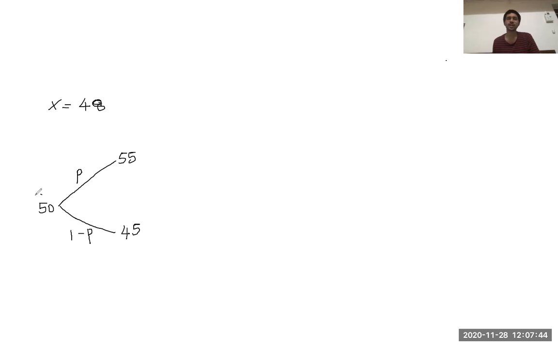Now think of it as if I'm valuing a share. Forget the option; first, let's come to valuation of the share. If the current share price is 50 and the future share price can only be either 55 or 45, then the share value of 50 is nothing but the present value of the future share price.